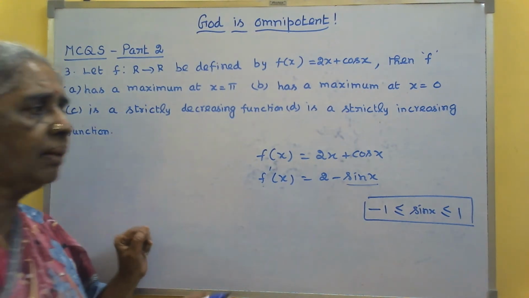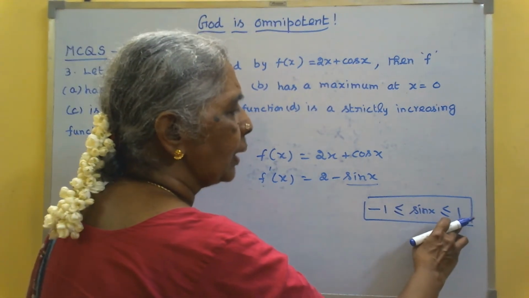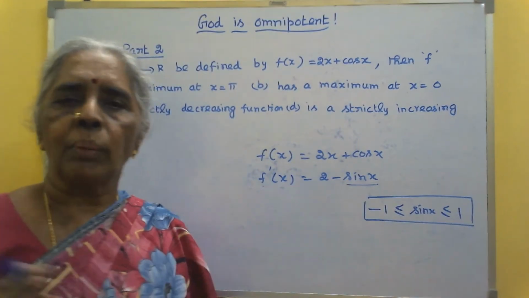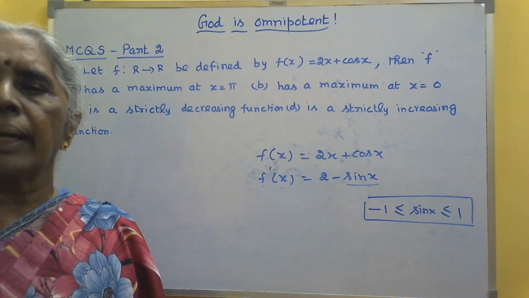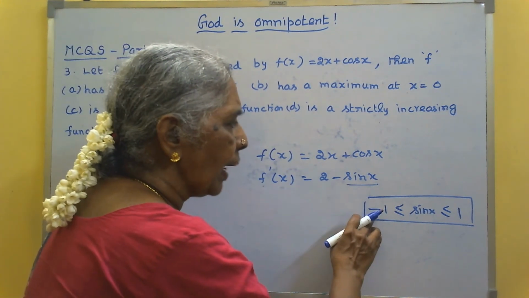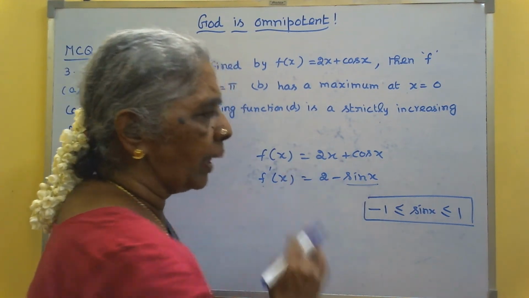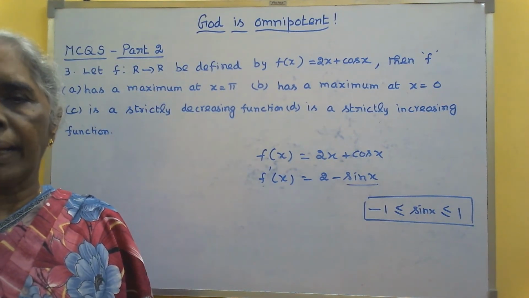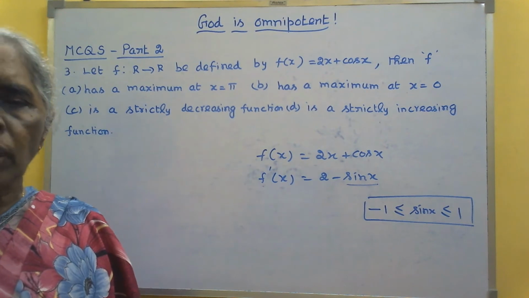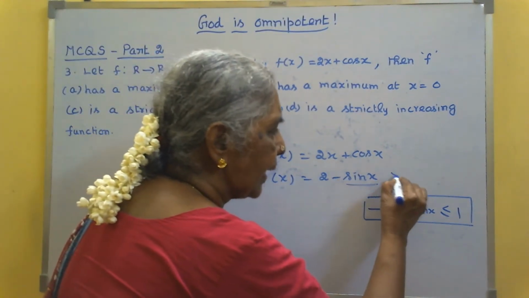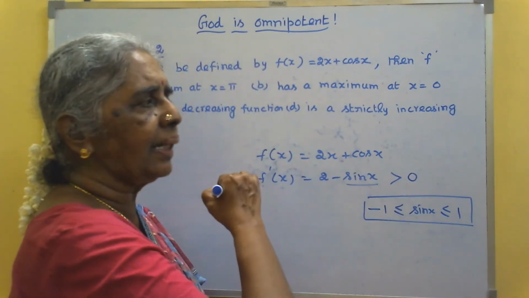Now see here, the maximum value is 1. Even if that is 1, 2 minus 1, you will be getting 1. That is greater than 0. If it has a minimum value, then minus of minus 1, again it is going to be positive, so it will be greater than 0. So whatever may be the value here, this 2 minus sin x is going to be greater than 0.